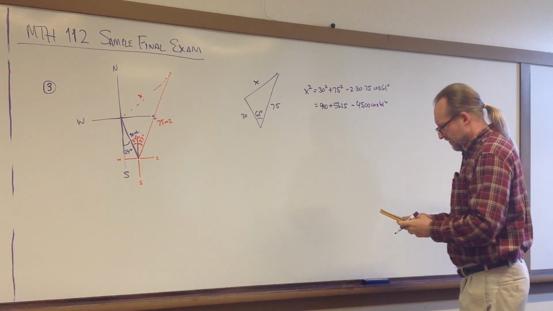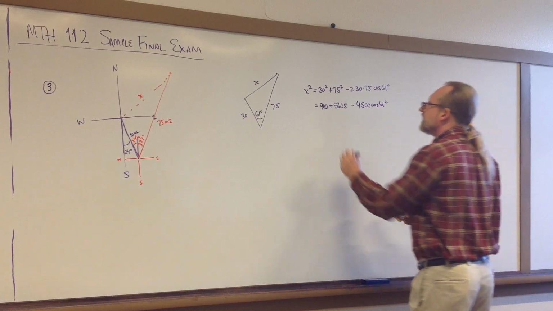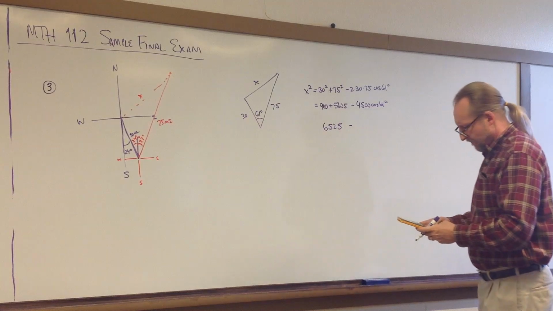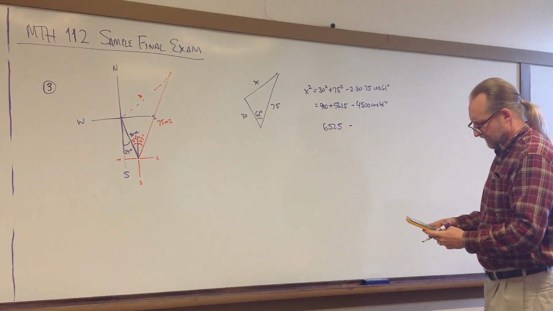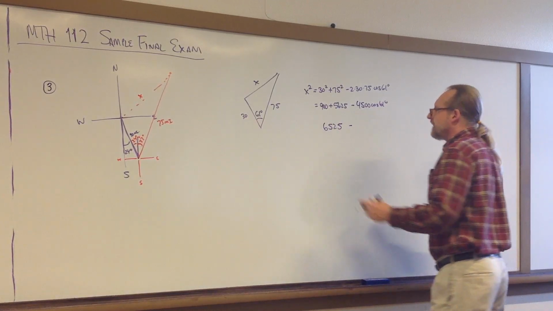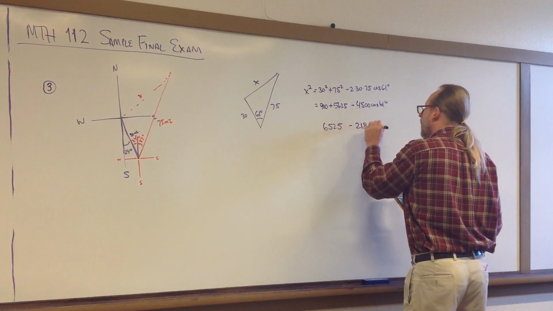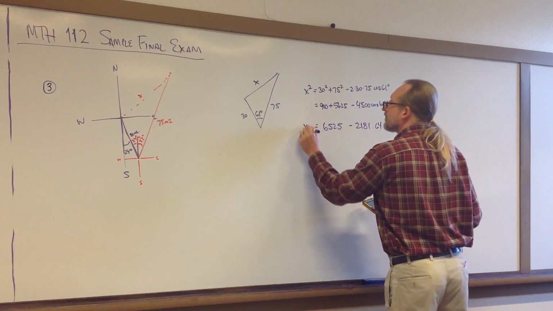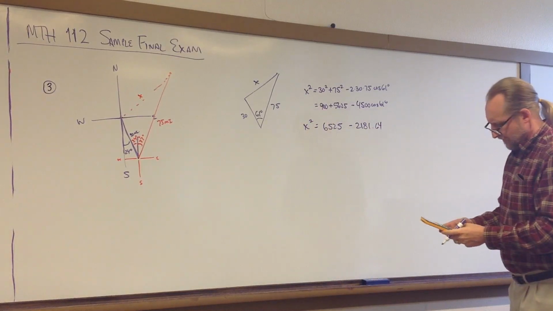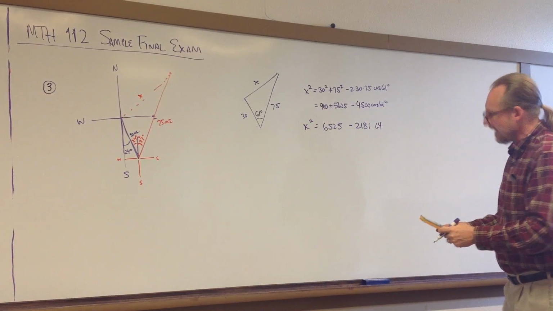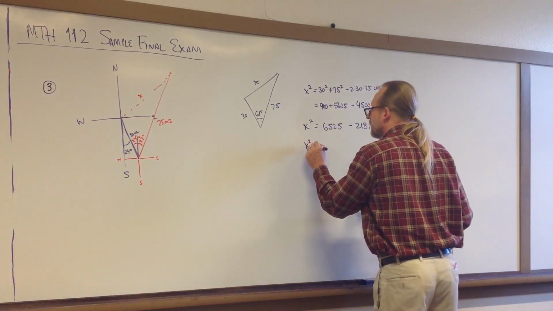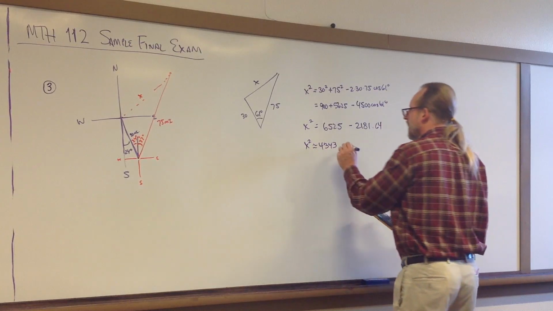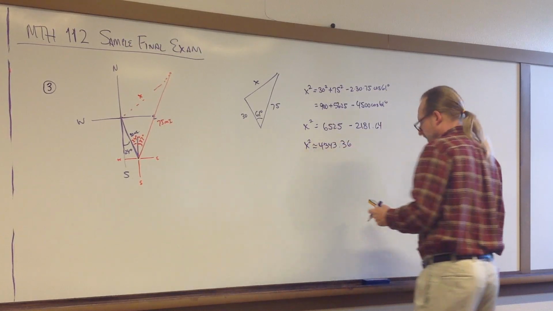So 900 plus 5,625 is 6,525, minus 4,500 cosine 61, which is 2,181.64. So 6,525 minus that, x squared is going to be about 4,343.36.